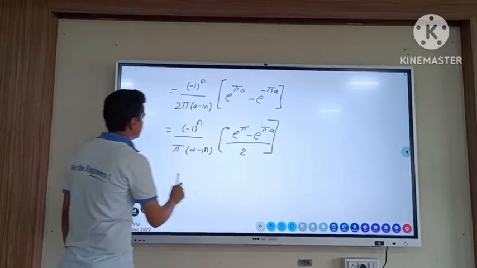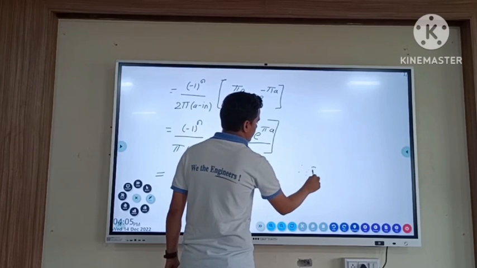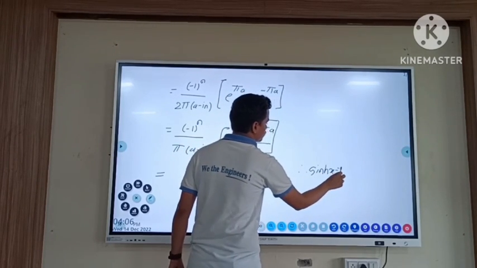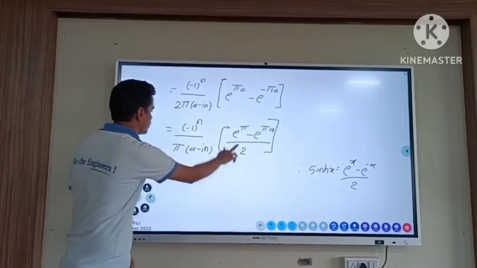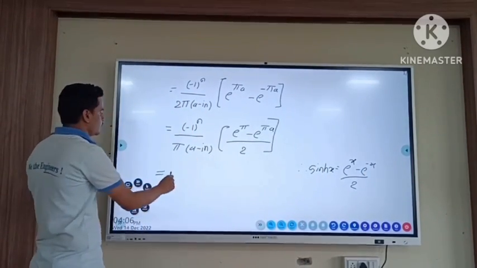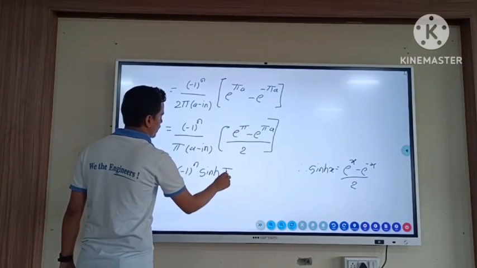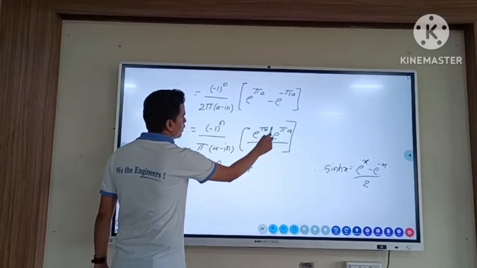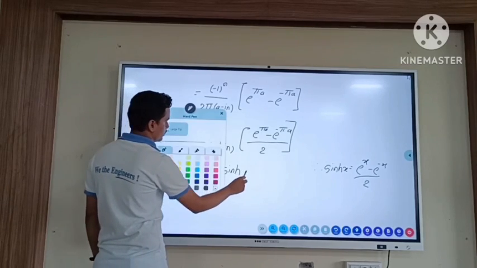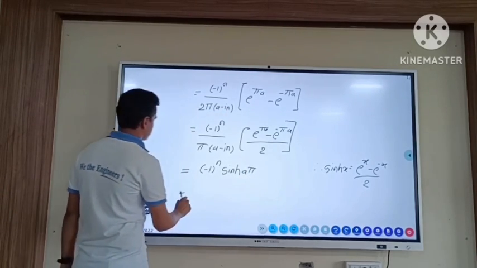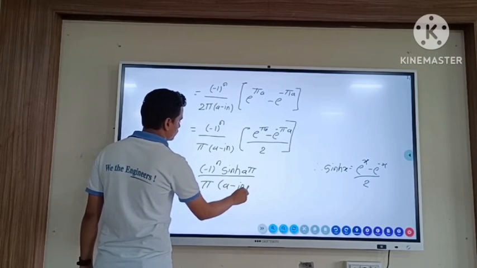We know the formula of sin hyperbolic x is equal to e raised to x minus e raised to minus x upon 2. Using this formula, we convert into sin hyperbolic a pi. So minus 1 raised to n sin hyperbolic a pi upon pi into a minus in.